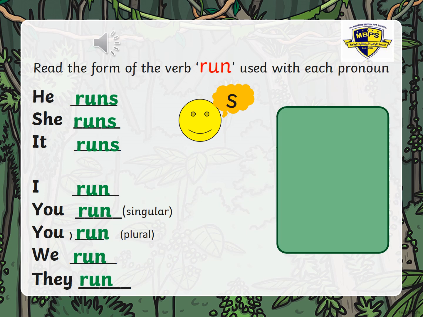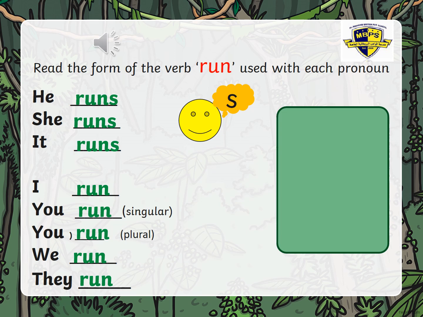It means one boy, one man. The verb with he comes with an S at the end. Let's read this word. He runs. Can you see the S at the end? Very good.